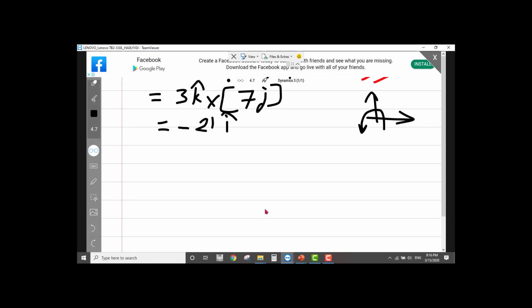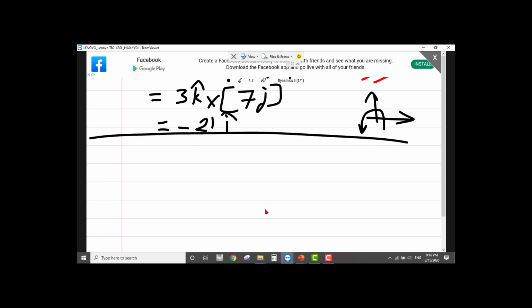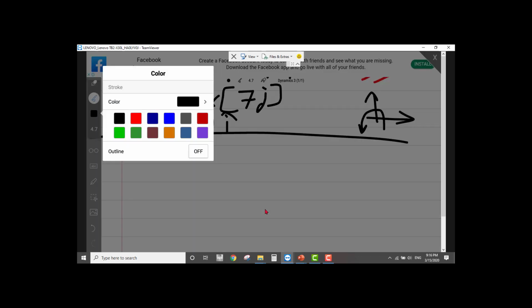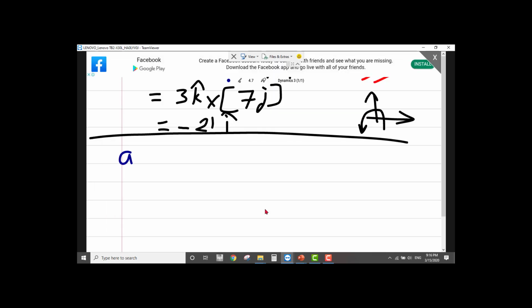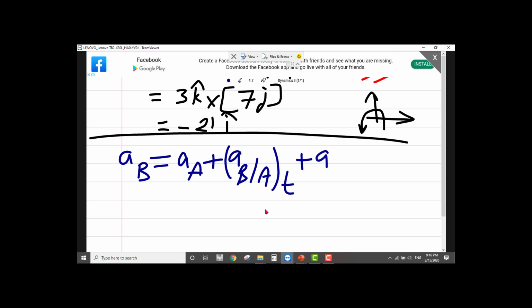Now let's see the acceleration. I will finish everything related to the same link, then I'll move to the other link. So AB would equal AA plus AB with respect to A tangential plus AB with respect to A normal.